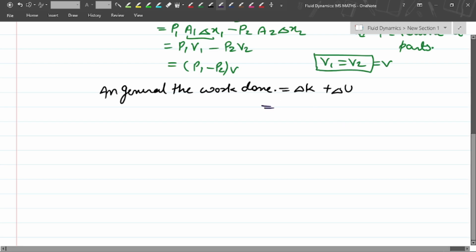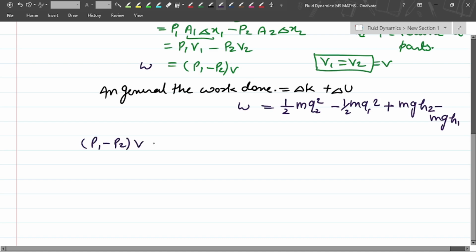The kinetic energy is 1 by 2 m Q2 square minus 1 by 2 m Q1 square, and the potential energy is mgh2 minus mgh1, the difference. So it is W, and we have calculated W as (P1 minus P2) into V equals 1 by 2 m Q2 square minus 1 by 2 m Q1 square plus mgh2 minus mgh1.